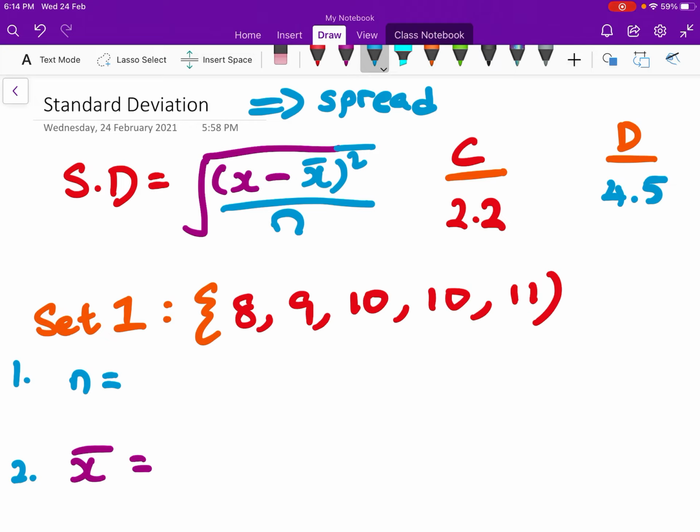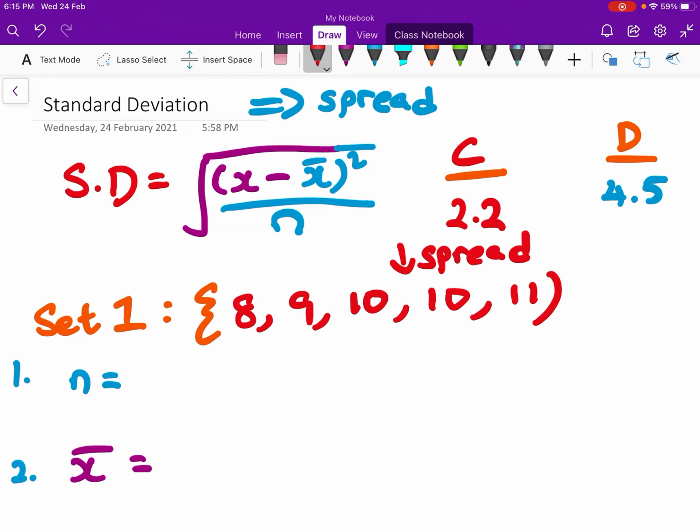For class C, the lower standard deviation means the results are less spread, and I can conclude that the math skill of the students is relatively close.